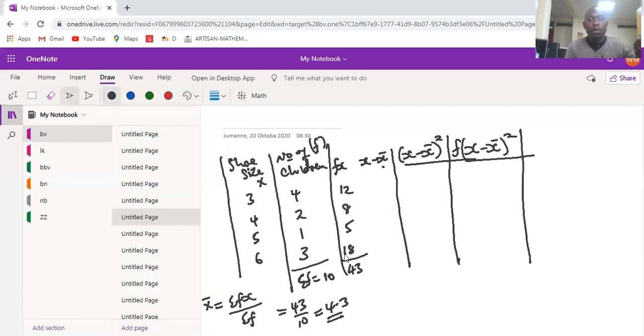But I think we can square it just direct so that we can fill each and every row. So 3 minus 4.3 is negative 1.3.